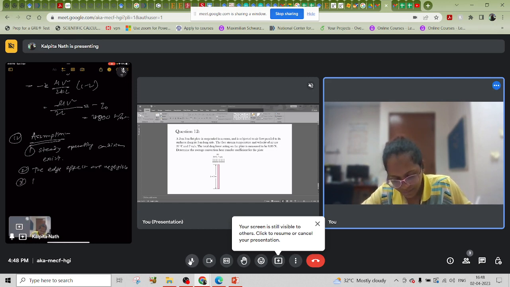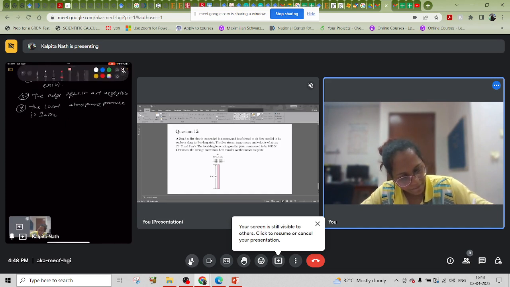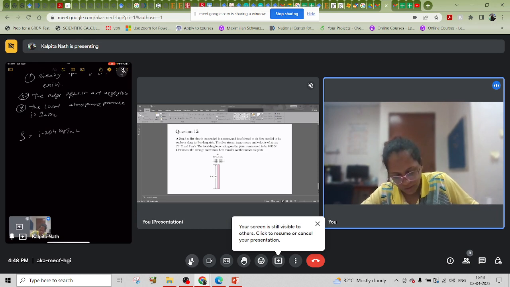Third, the local atmospheric pressure is 1 atmosphere. The properties given are: density is 1.204 kg per meter cube, Cp is 1.007 kilojoule per kg Kelvin and Prandtl number is 0.7309.